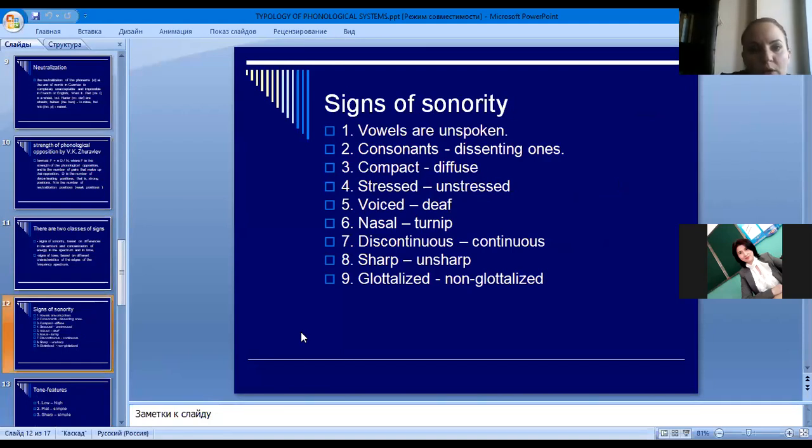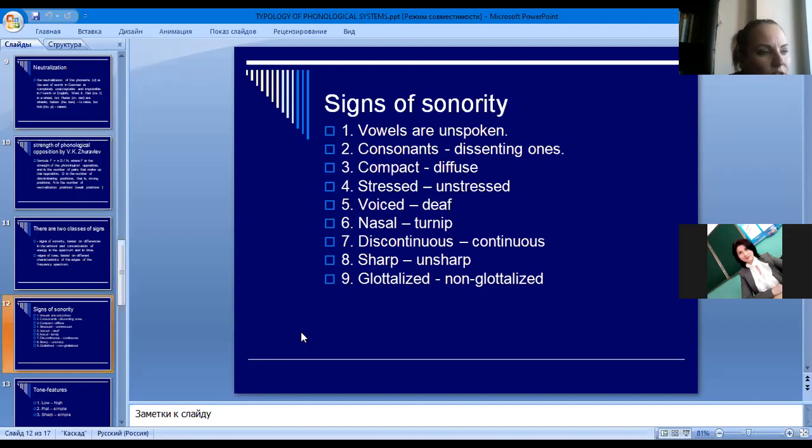First group, vowels and non-vowels. Second, consonants and non-consonants. Third, compact and diffuse, characterized acoustically by a greater concentration of energy in a narrow central region of the spectrum, which is accompanied by an increase in the total amount of energy in its temporal extent.